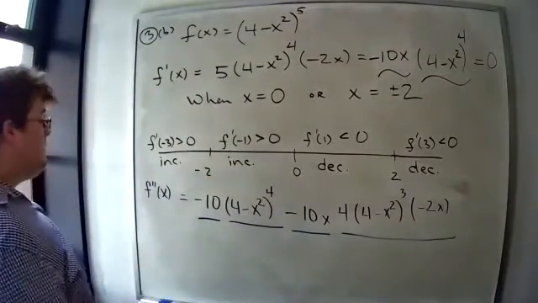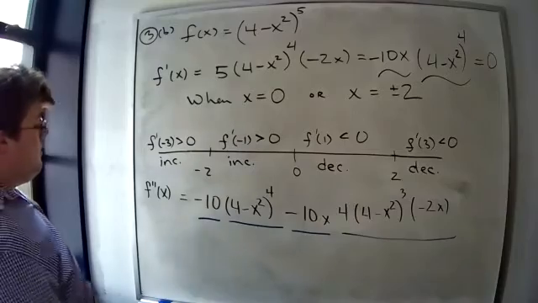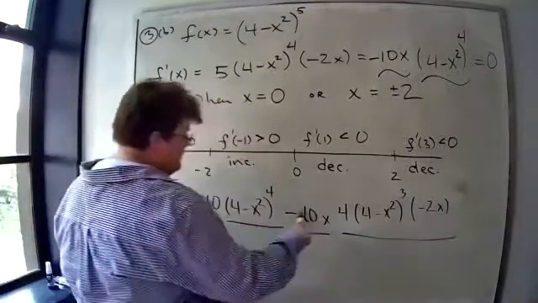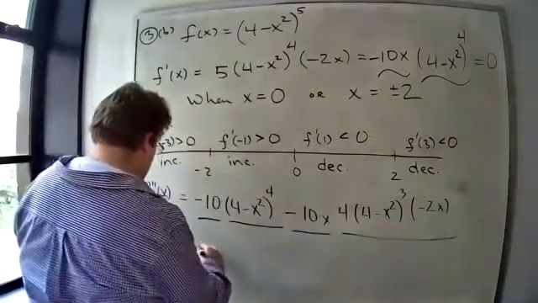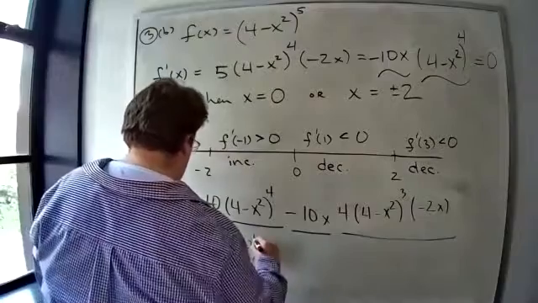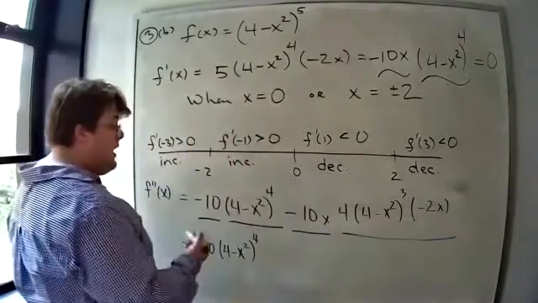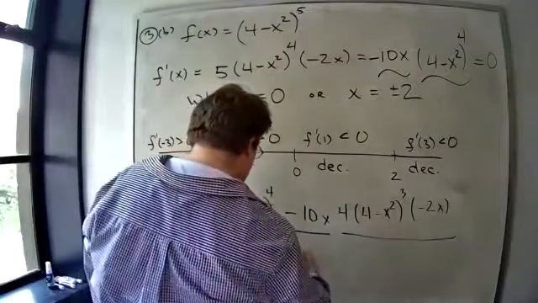Okay, so now we need to find where it's 0. Before doing anything, I'm just going to combine all these numbers and these x's over here. So we have a 10, a 4, and a 2. They make an 80. The negatives make a positive, so we have positive 80.